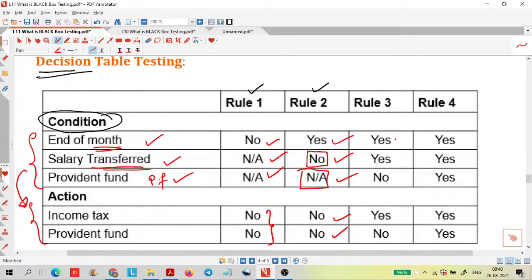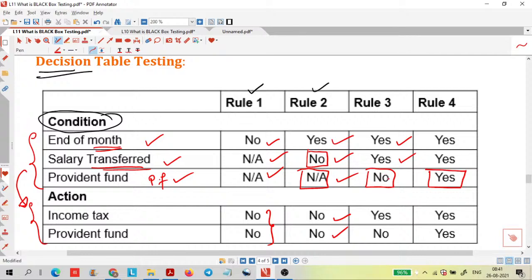रूल 3 में क्या होता है, like suppose the case is that end of the month है, ओके, सैलरी इज ट्रांसफर्ड. And this is the one. There are two possibilities. One is that there may be a provident fund deduction, or there may not be a deduction. Here there is no deduction, but here there is a deduction of the provident fund.